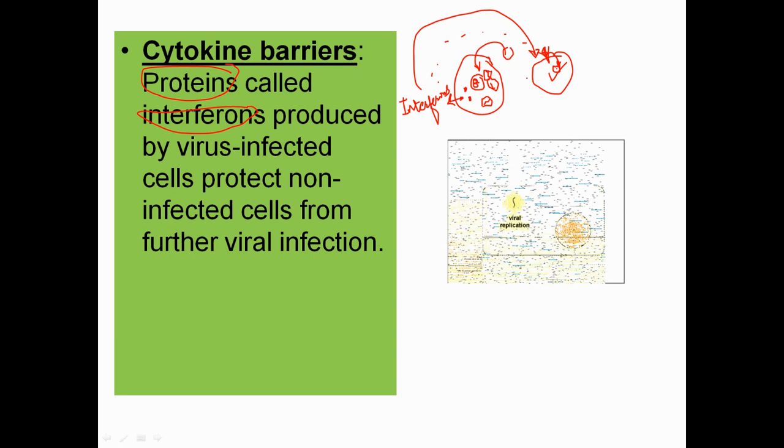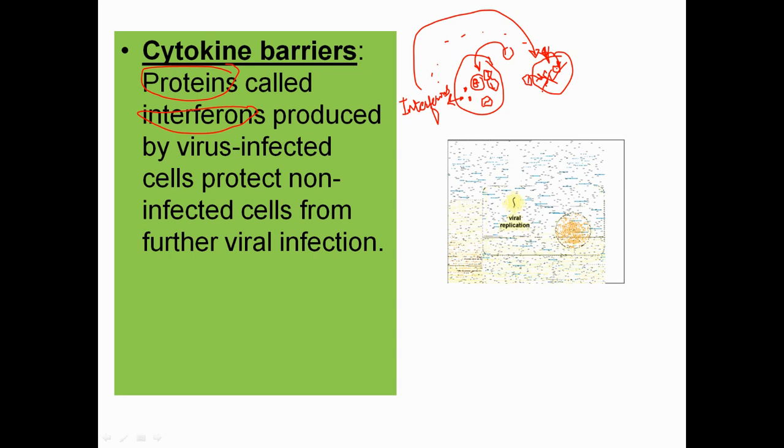So the next time a virus comes to infect this cell, which has already been prepared, this cell will not accept the genome of the virus, preventing further infection.